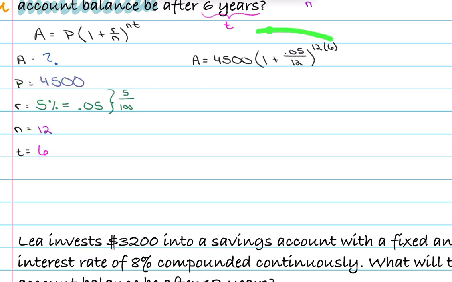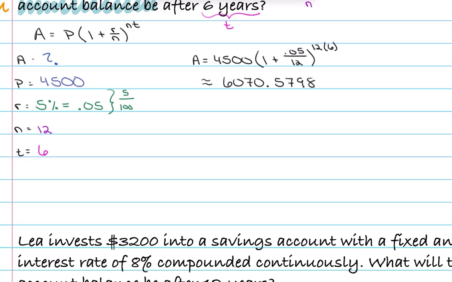From here, this is a great place to use your calculator. Don't stress out too much about plugging everything in. So when I use my calculator for this, I'm going to get about 6070.5798. All right. Since this is a problem involving money, unless the problem specifically tells you what to round to, you're going to always want to round to the nearest cent.